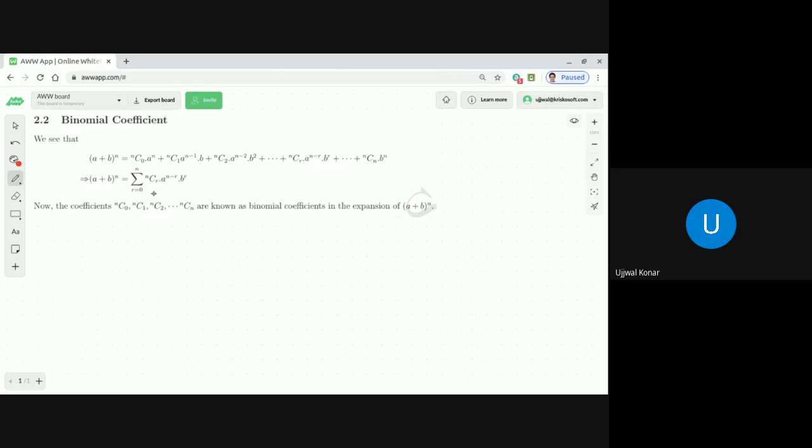And as a symbolic representation, we write it like this, with summation. Now the coefficients nC0, nC1, nC2 up to nCn are known as the binomial coefficients in the expansion of a plus b power n.